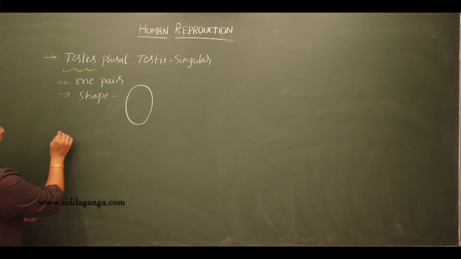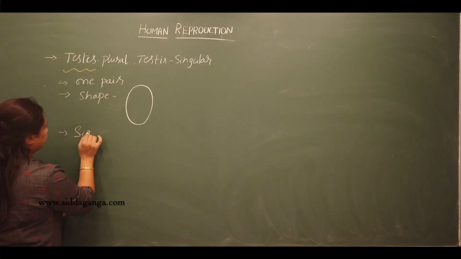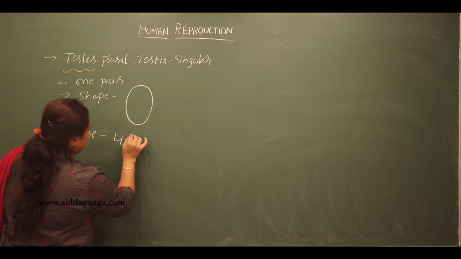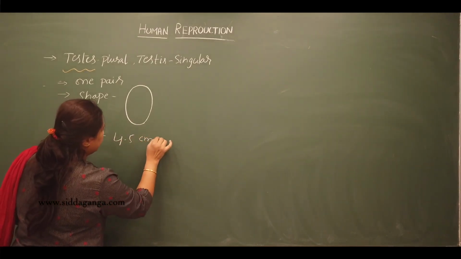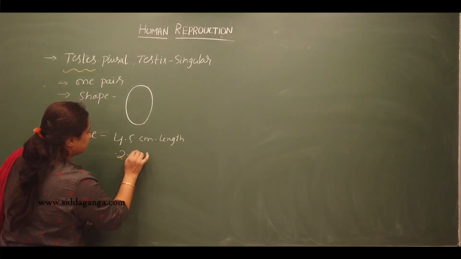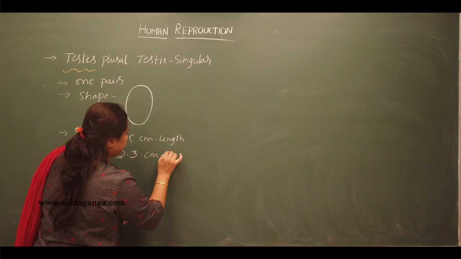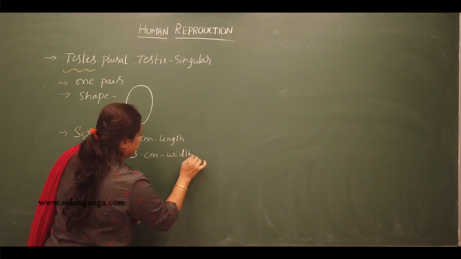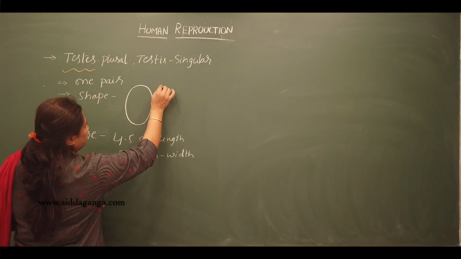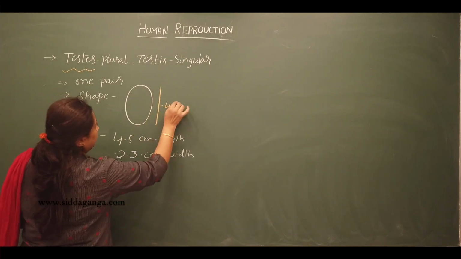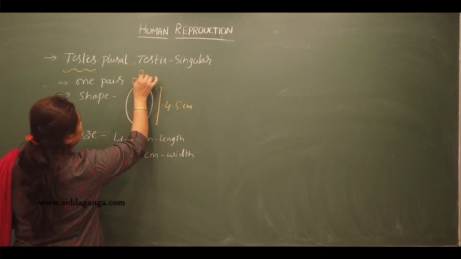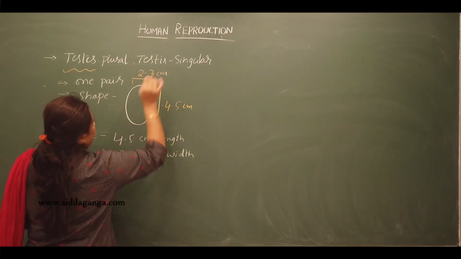The size of the testis measures about 4 to 5 centimeter in length and the width is about 2 to 3 centimeter.